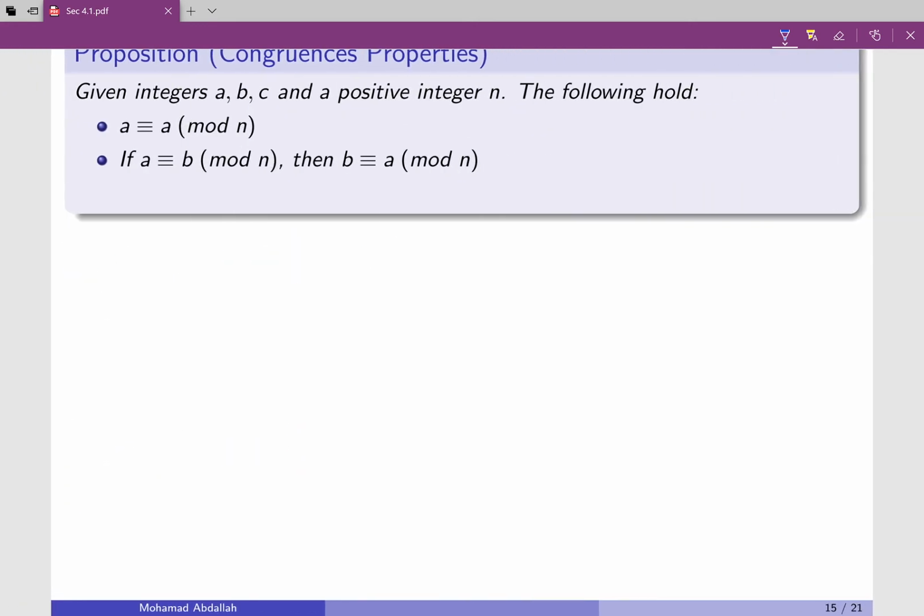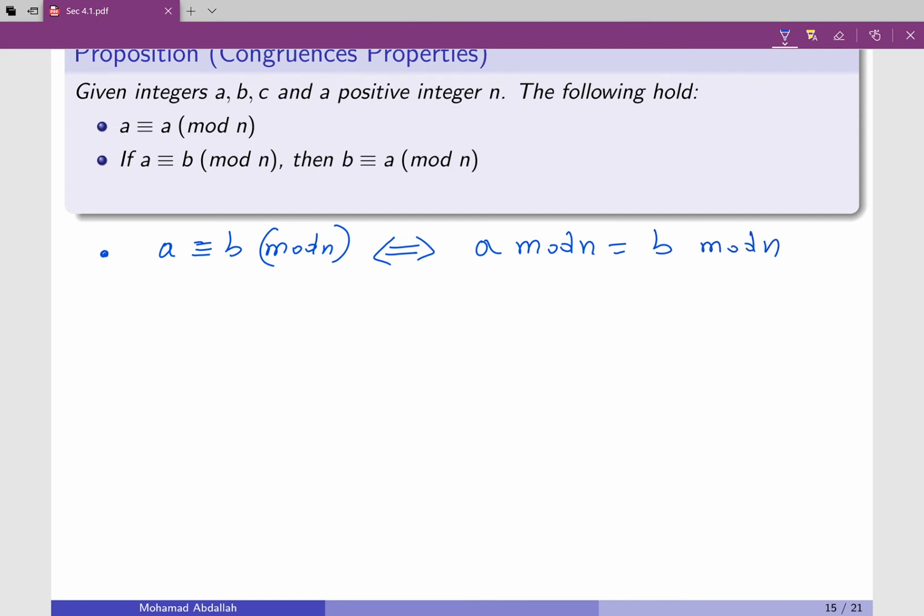Now, if A is congruent to B mod n, then B is congruent to A mod n as well. Again, here the proof is easy. You can use different types of proofs. Here's an easy one. A congruent to B mod n means that A mod n is equal to B mod n.